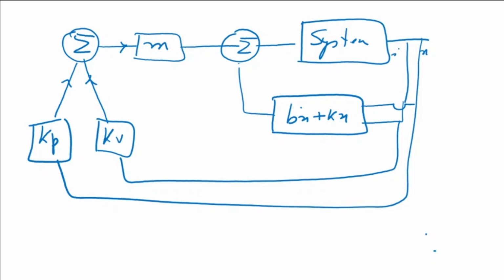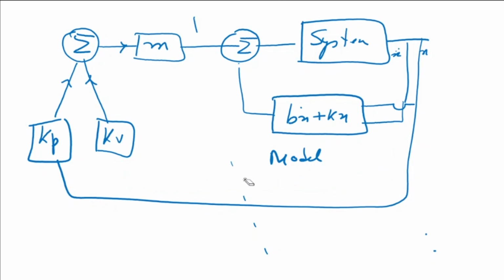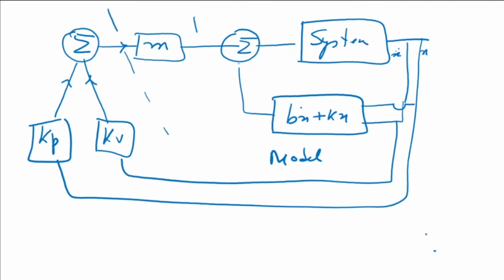What you can see from here is that this has been partitioned into two parts: the model part is here and the servo part is on the other side. This is the model part, which means that the M, B, K parameters are contained in the model part. It is my model, so the mass also goes this side.